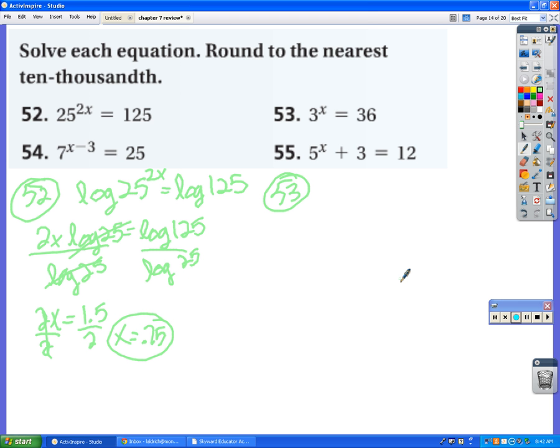What'd you say, Jacob? Log 3 to the x equals log 36. What was that? Put the x in front. See, I'm gonna forget all this. And then we divide by log of 3. So, I don't know, write it down. Okay.